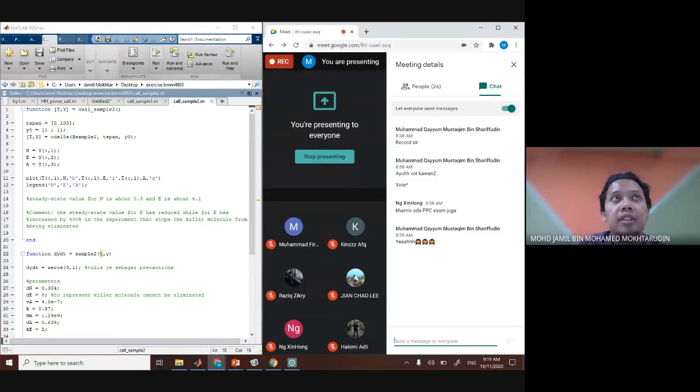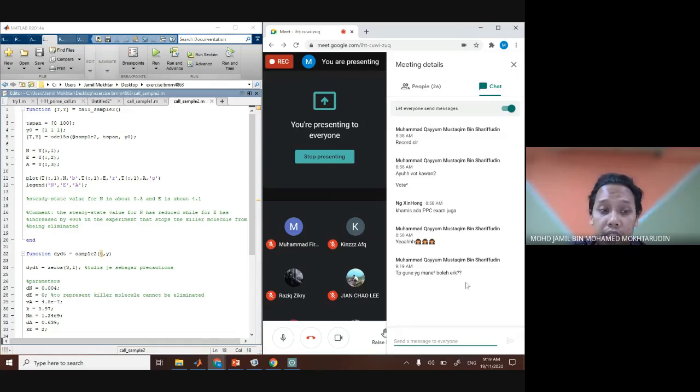Kita panggil stiff problems, maksudnya it takes time to solve the model. Maybe ada convergence problem. Convergence semua tu rasanya korang belajar dalam numerical method. Bila kira sesuatu, kita nak cari convergence dia, tapi kita tak dapat nak converge.